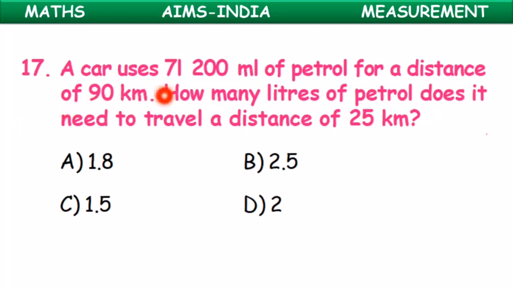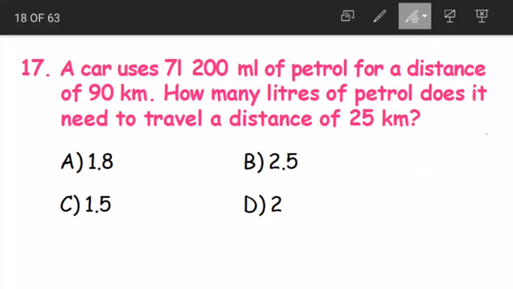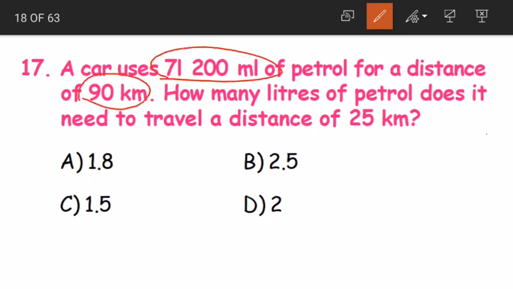Question 17. A car uses 7 liter 200 milliliter of petrol for a distance of 90 kilometers. How many liters of petrol does it need to travel a distance of 25 kilometers? This is the total petrol used for 90 kilometers. We have to find out how much petrol is needed for 25 kilometers.